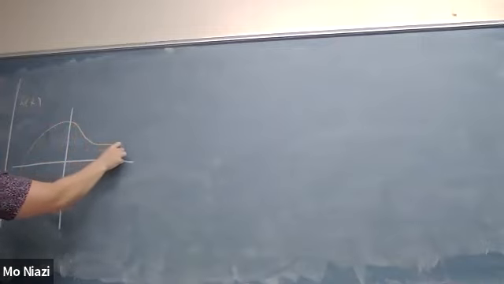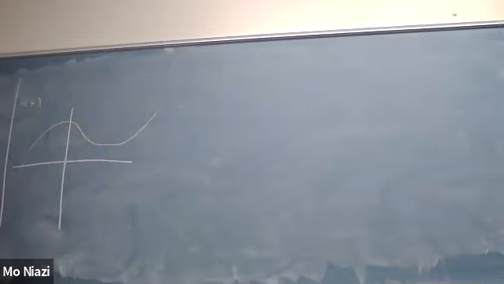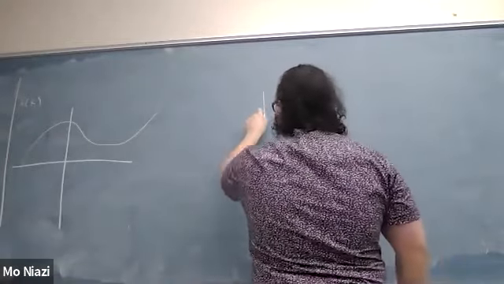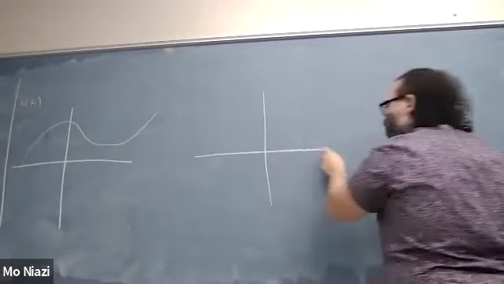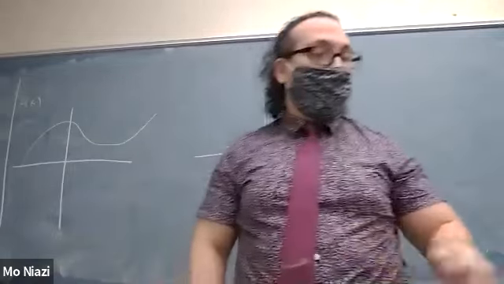Let's say here's our f of x. Here's our f prime of x. How do we know it? It relates to tangent lines, yeah?